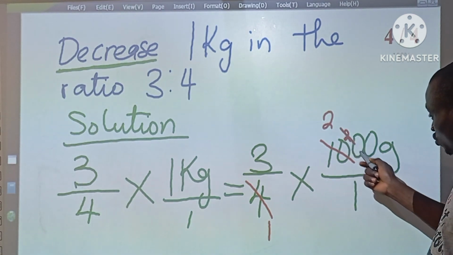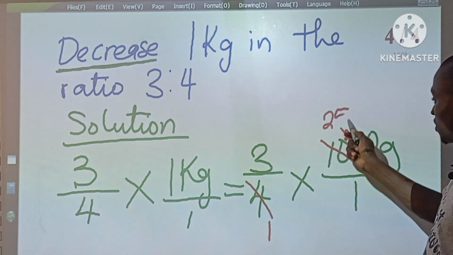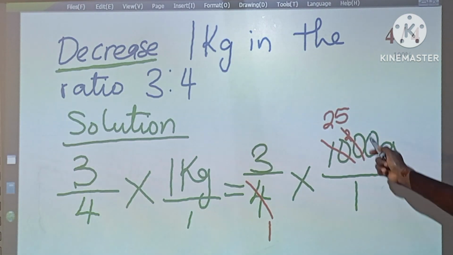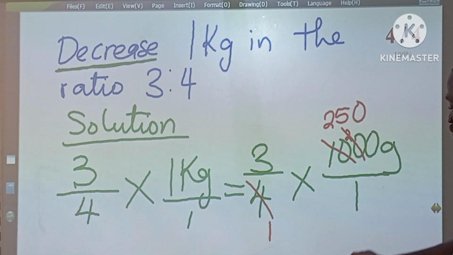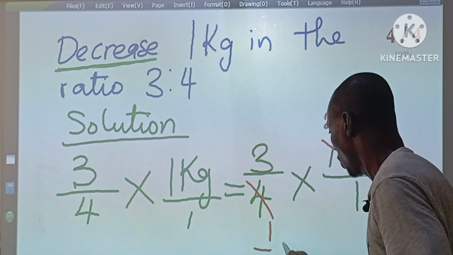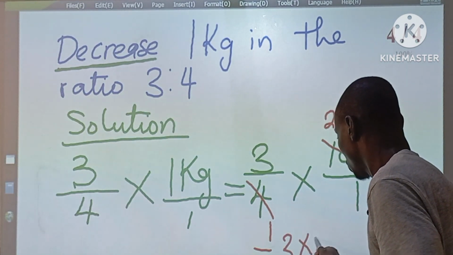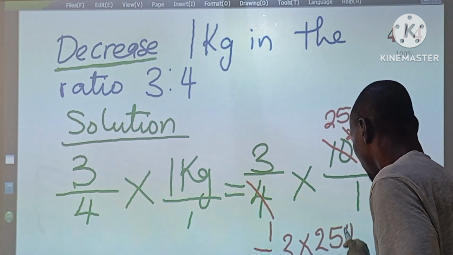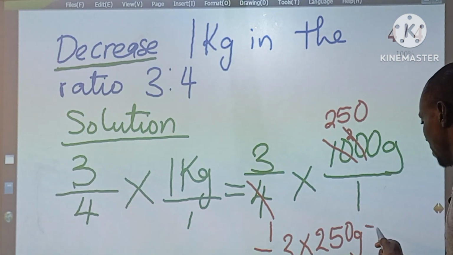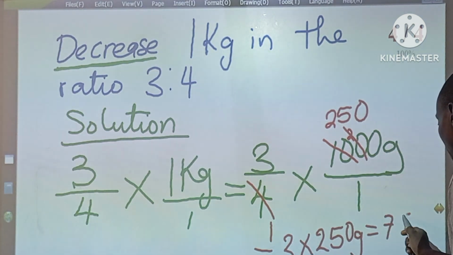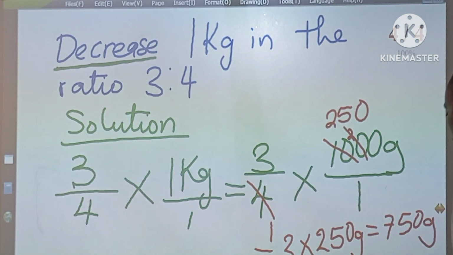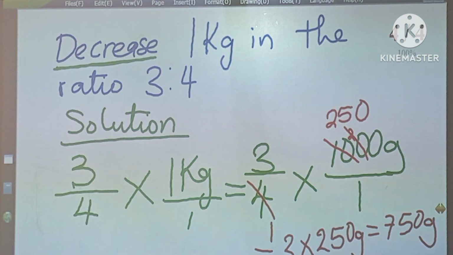Now 4 into 20 gives me what? 5. I'm left with 1 0. It's just for me to add that what? 0. So my final answer will be 3 times 250 grams, which is the same thing as 750 grams. That is my answer.